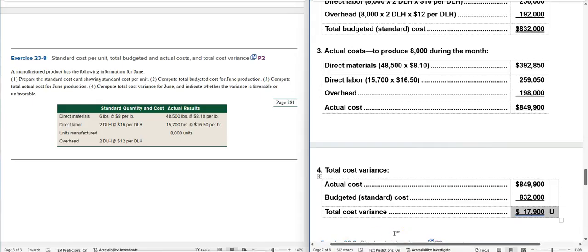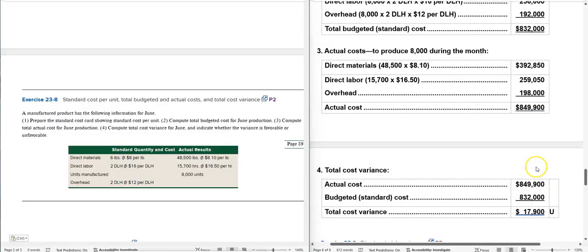But if we stop and think about this, this doesn't really tell us the cause of this variance, which is unfavorable by the way, because our actual cost exceeded what our budget says it should have been. We don't know whether this unfavorable variance is due to the price we paid for the materials being different from budget, or whether it's due to the amount of materials used being different from our standards.